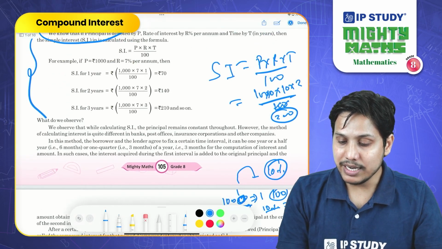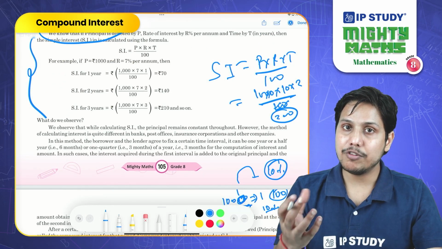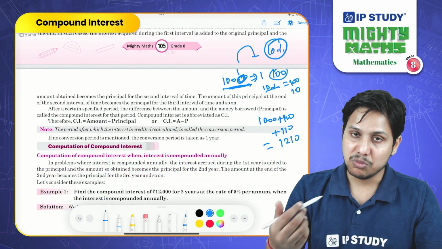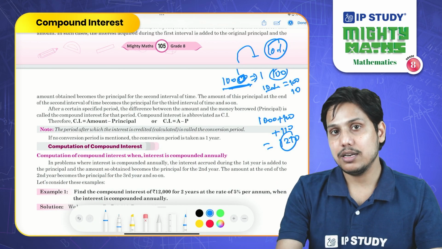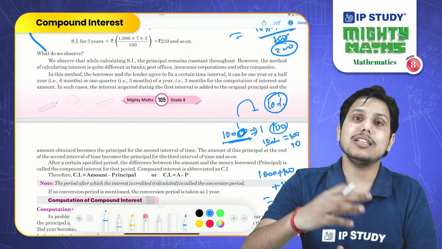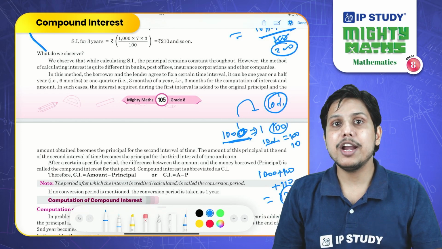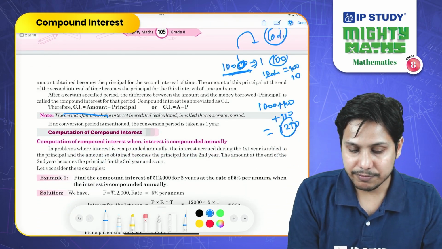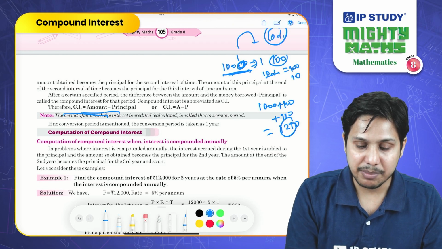So in simple interest, where there was interest of 200 for the 2 years, the interest in compound interest is more, which is 210 in 2 years. So compound interest is basically interest on principal as well as interest that has been obtained over the period. Compound interest is found out by finding the amount minus principal.